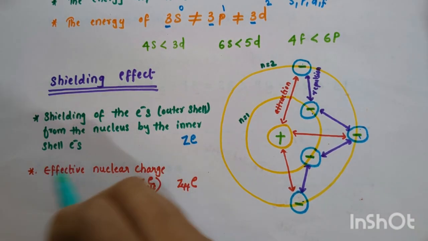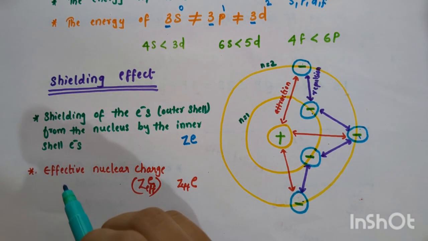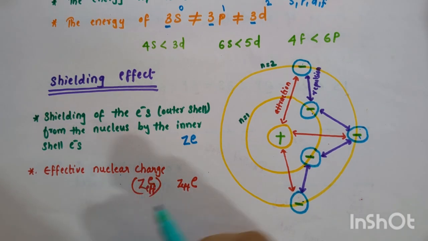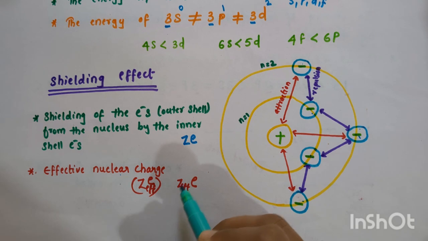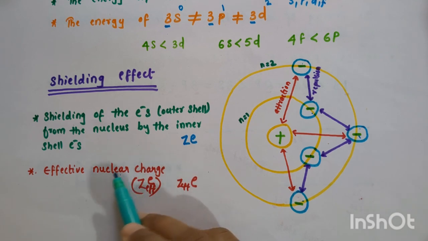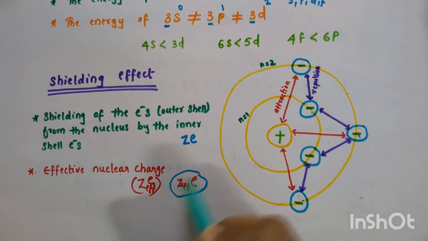Due to the presence of electrons in the inner shell, the outer shell electrons do not experience the full positive charge of the nucleus. And the net positive charge experienced by the outer shell electrons is known as the effective nuclear charge, Z effective times e.